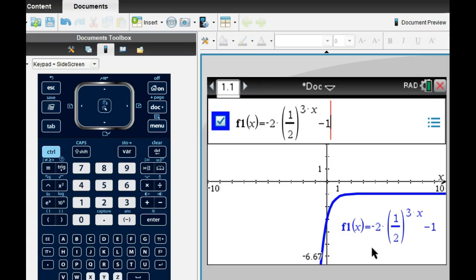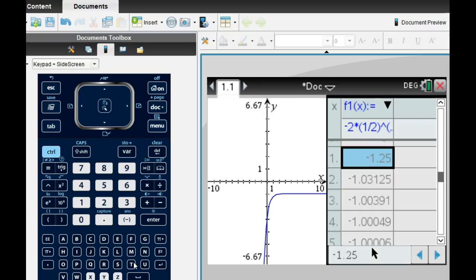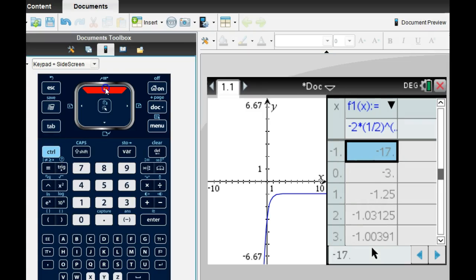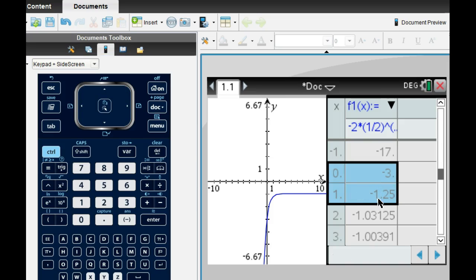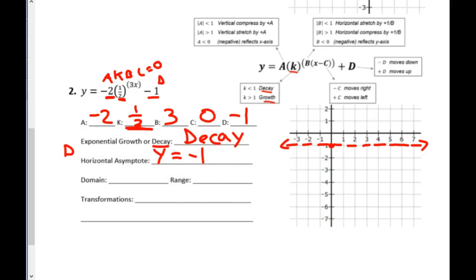So let's get some points here. Control T. And the best points I have are maybe these two. 0, -3, and 1, -1.25. So 0, -3, 1, -1.25. And I want you to do your best sketch through those 2 points to make it look like the graph that we were just looking at.